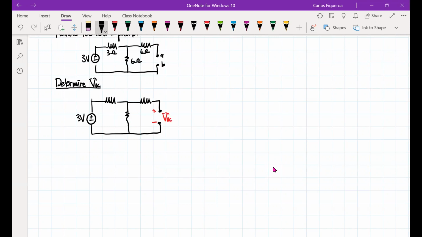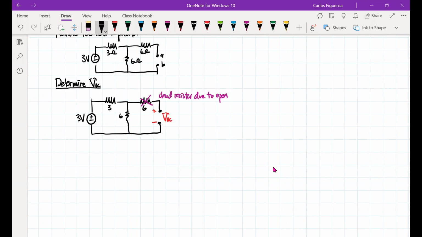Again, this is a 3 ohm, a 6 ohm, a 6 ohm, and you can see that because of the open, this is a dead resistor. Due to the open, no current flows through it, so there's no voltage drop.